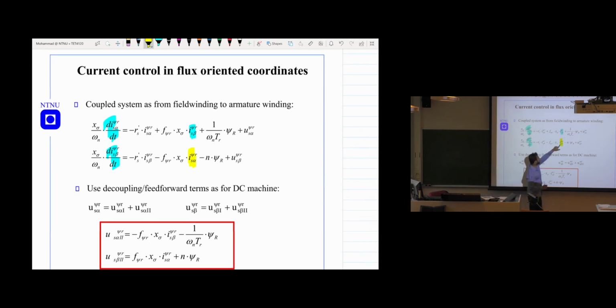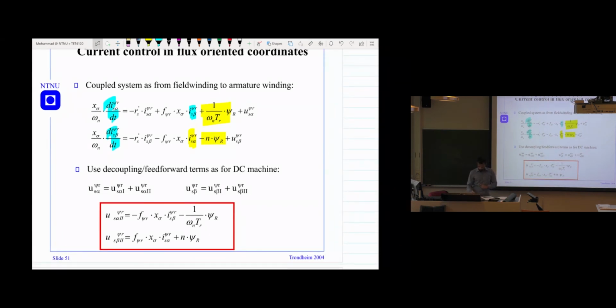In addition, we have two feed-forward terms here. When we implement the current controller, we always try to omit them, doing summation and subtraction so that they are gone in the final equation.